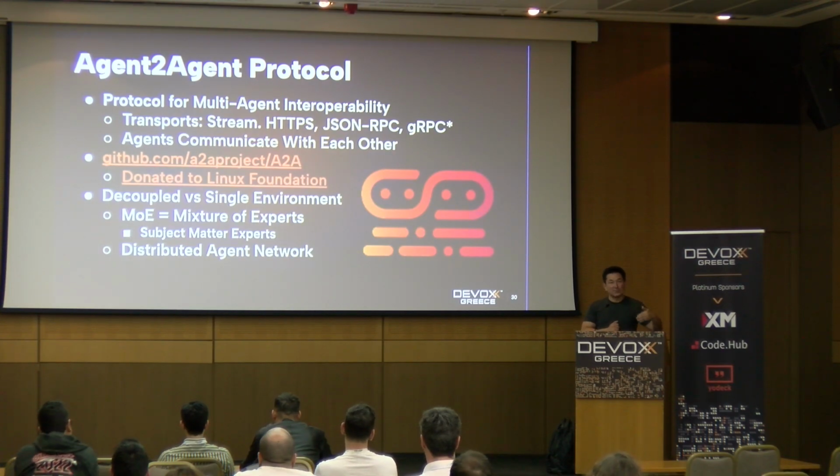It's a protocol, like a contract on how agents can talk to each other. It's open source, initially developed by Google, and that project was donated to the Linux Foundation so that it's fair for everyone and no one vendor controls anything.